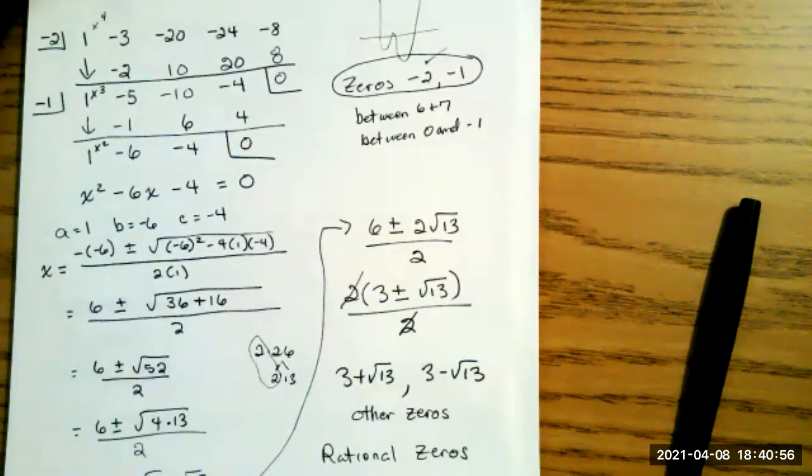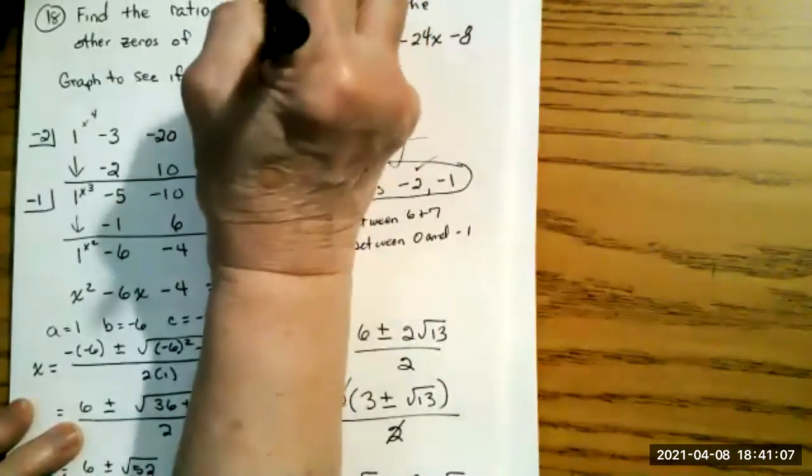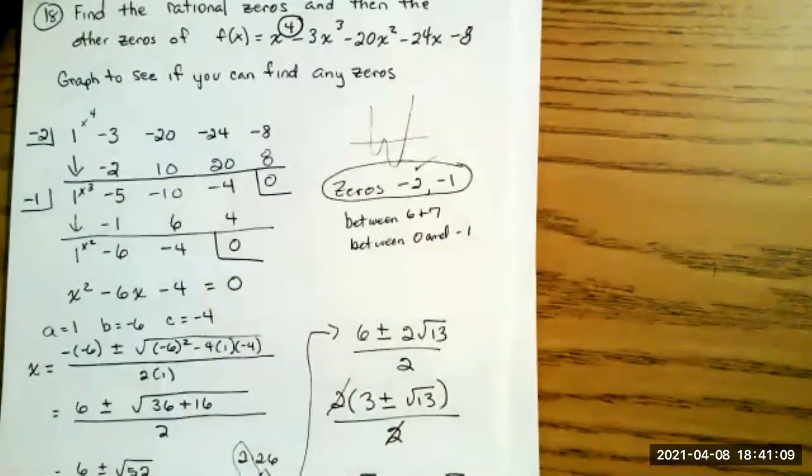I think my problem is I don't know where to stop. Okay, well, you stop. That's a good question, actually. You stop when you end up with 4 zeros. See that 4? That tells you there are 4 of them somewhere.